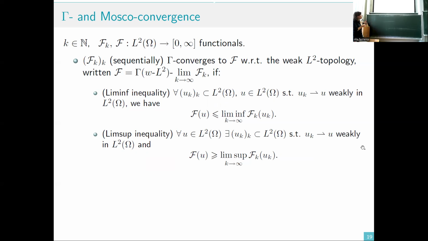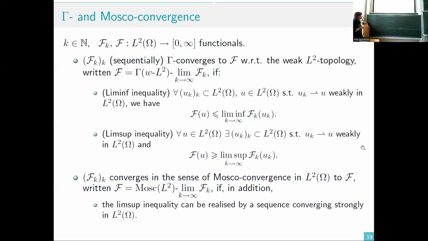Conversely, for any U, you can find a sequence that weakly converges to U, and the reverse inequality with respect to the lim sup holds. Of course, if you put the two together, lim sup greater or equal than lim inf, greater or equal than F(U), then in the end you have an equality, you have a limit, and that's why this is sometimes referred to as the recovery sequence condition, because it really provides a recovery sequence.